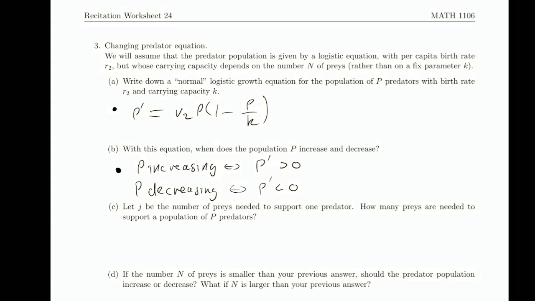And so now we can just determine algebraically from the equation above the values at which P prime is going to be greater than 0 or less than 0. And so note that if we construct a table, the right-hand side of the change equation is a product of essentially two terms.